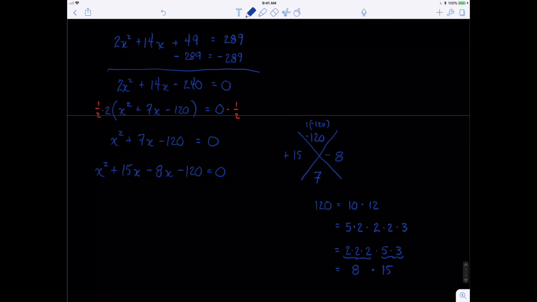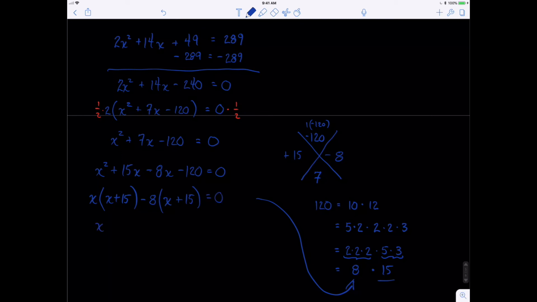And let's find common factors. In the first group I have an x, so that's an x plus 15. In the next group I have a negative 8, so I have an x. That's going to change the sign on the 120. And notice if we factor an 8 out of a 120, we're left with the 15. So plus 15 equals 0.